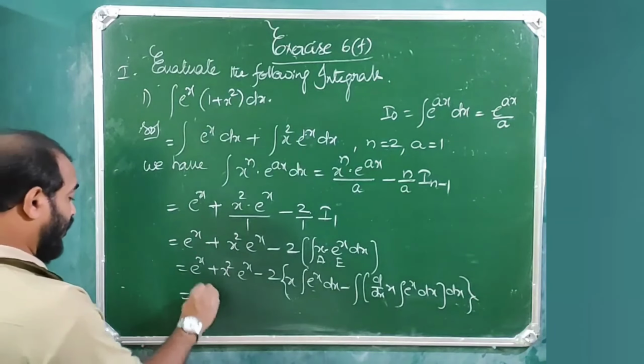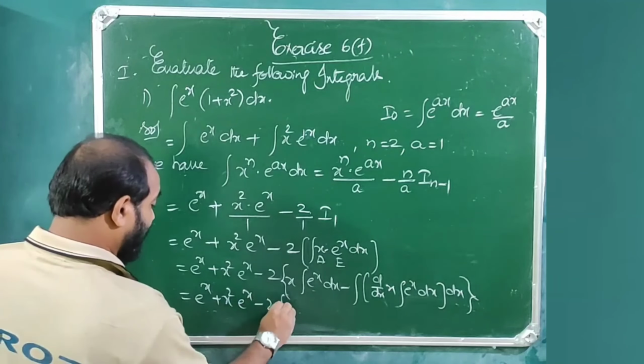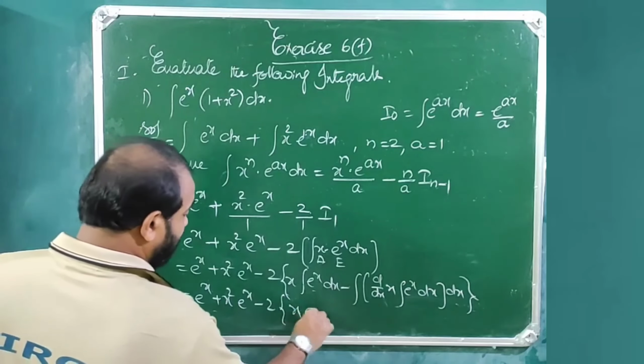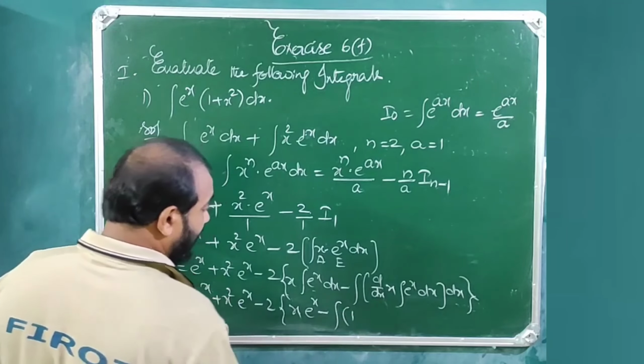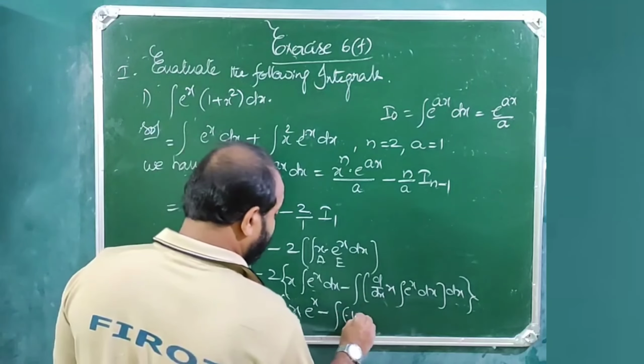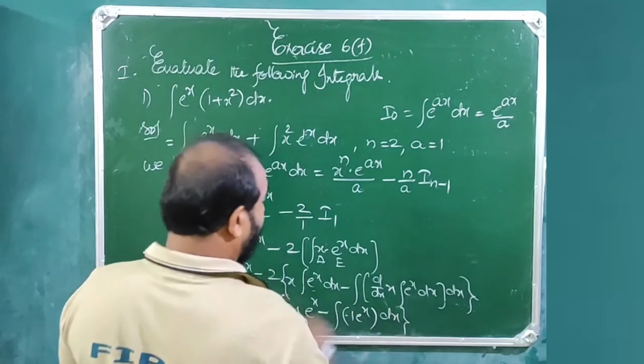So this is e power x plus x square e power x minus 2 x integral e power x dx is e power x minus d by dx of x is 1. Integral e power x dx is e power x. This is dx, bracket close.